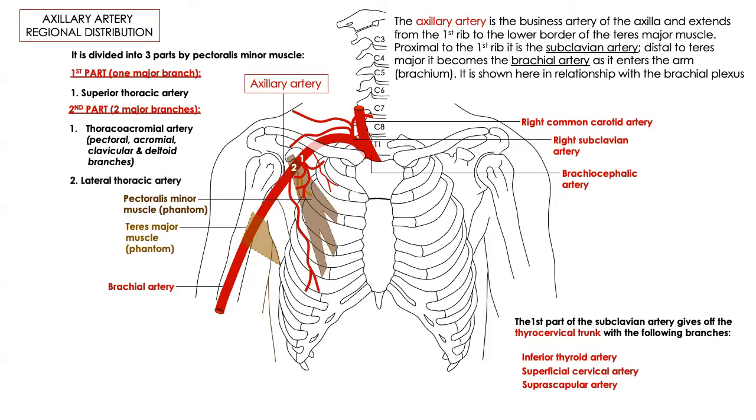If somebody asks you to name the two branches coming from the second part of the axillary artery, they are the lateral thoracic and the thoracoacromial artery. And then from the third part, we know them: anterior and posterior circumflex humeral arteries. And the third one is going to my lateral thoracic wall. It's hidden.